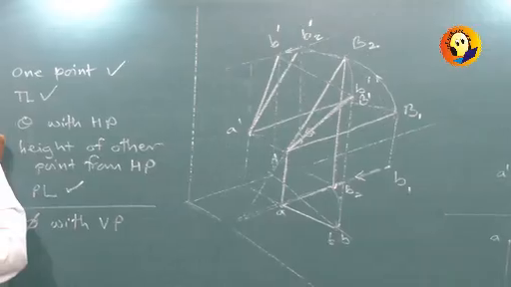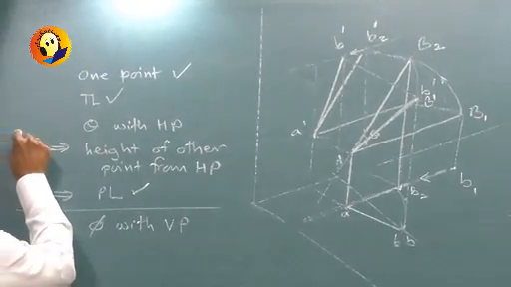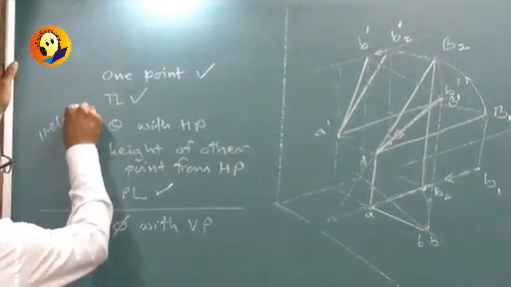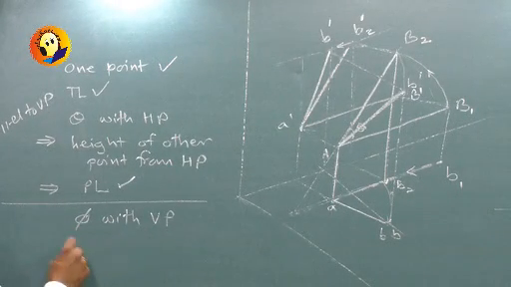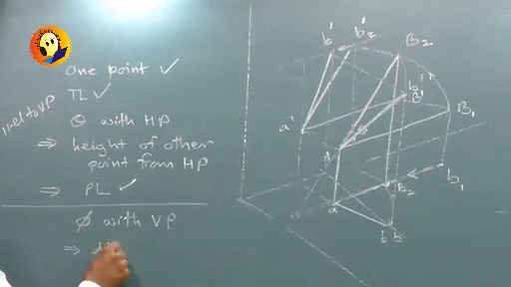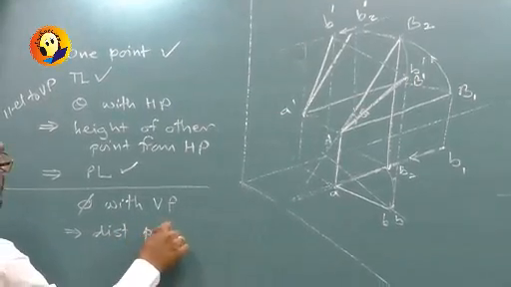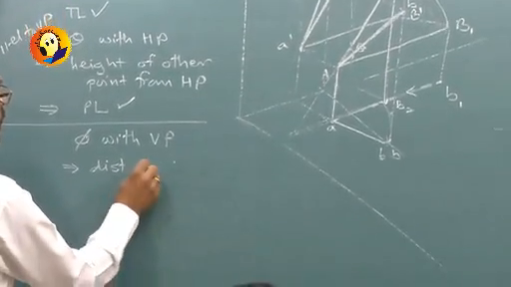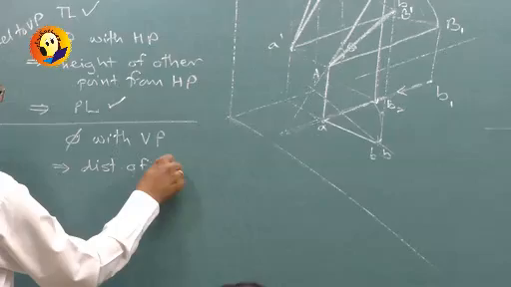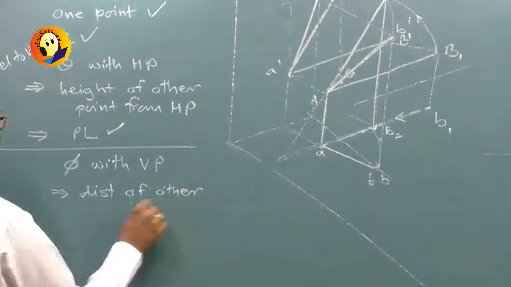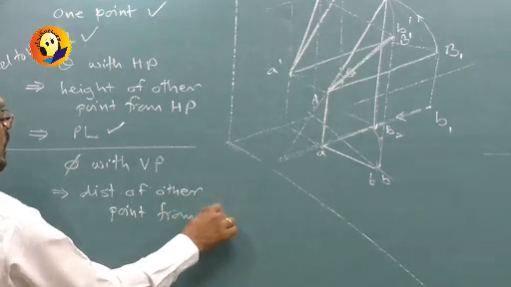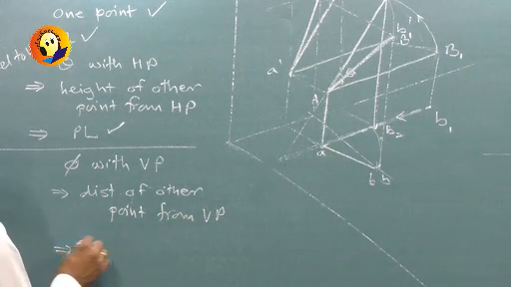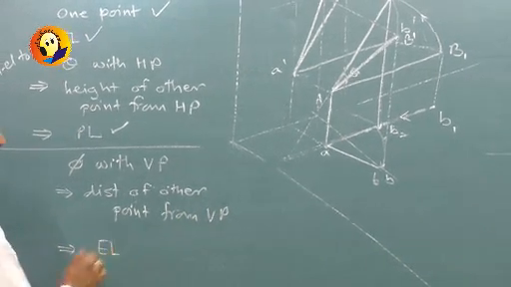So I solved one problem keeping it parallel to VP. I can solve the same problem, phi with VP. I will get the distance of the other point from VP, and it will also fix up the elevation length.